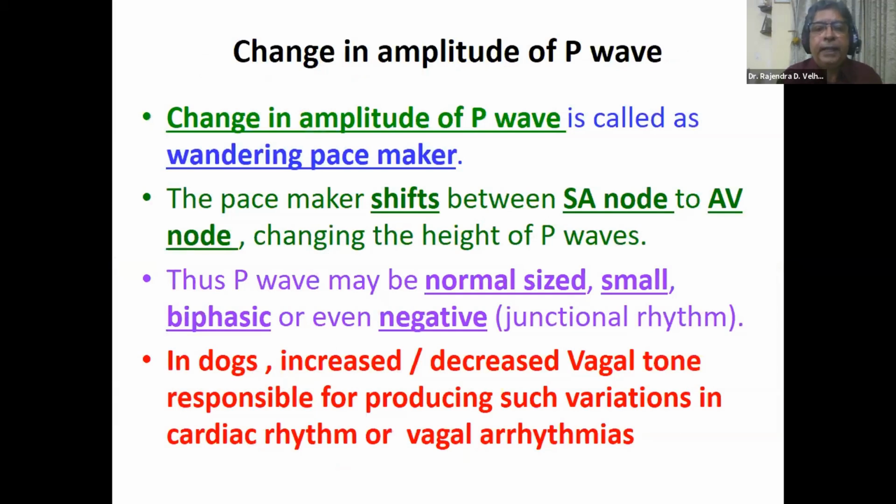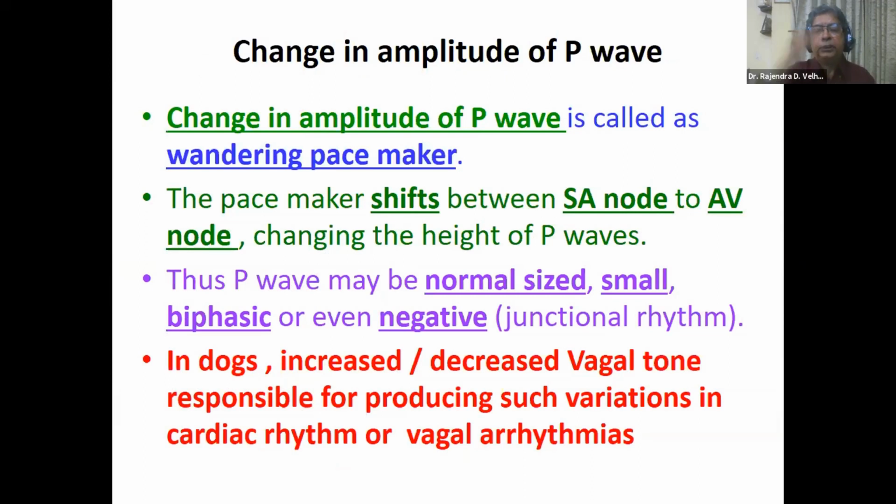Now there can be a change in the amplitude of the P wave. This change in the amplitude of the P wave is called wandering pacemaker. This is because the pacemaker shifts between the SA node and the AV node, secondary to the vagal influence, and therefore there is a change in the height of the P waves.